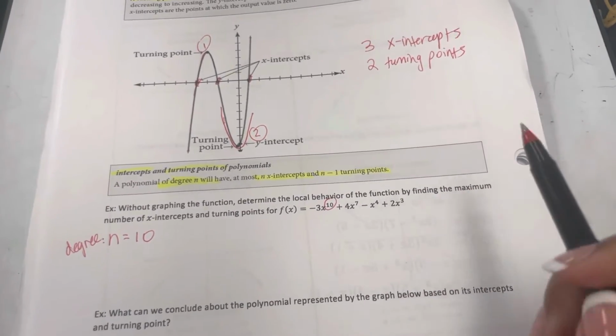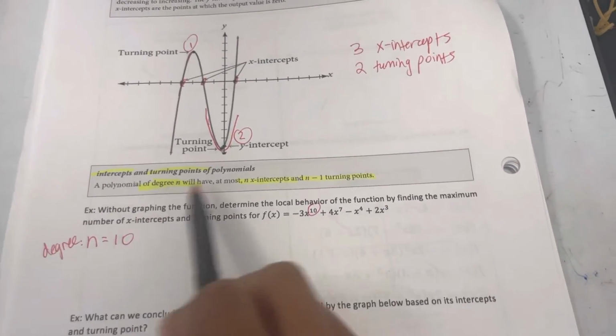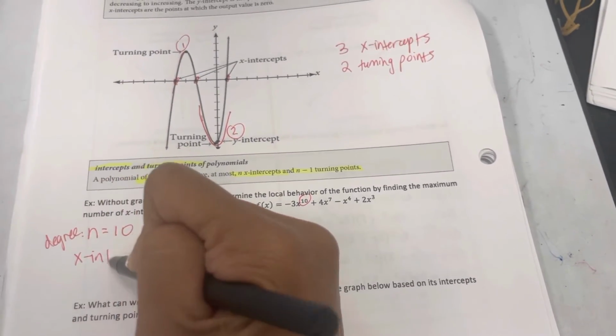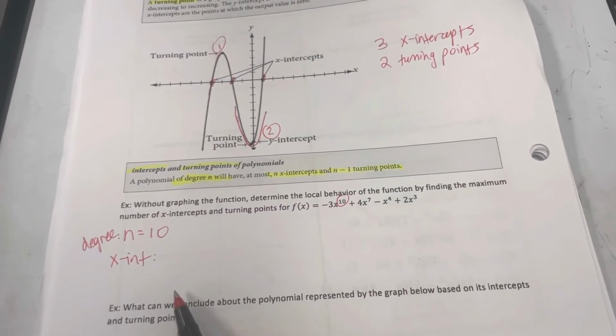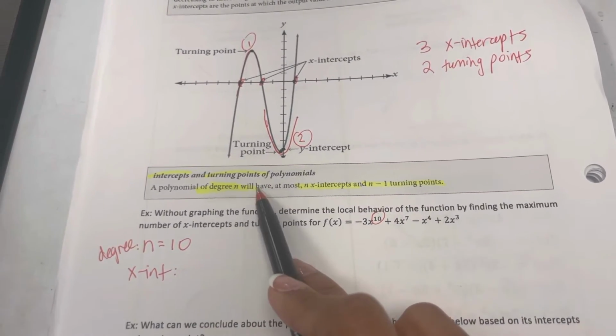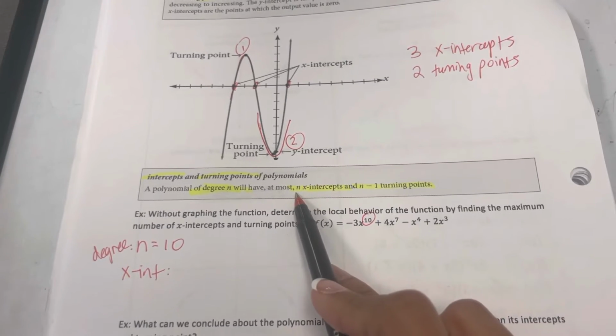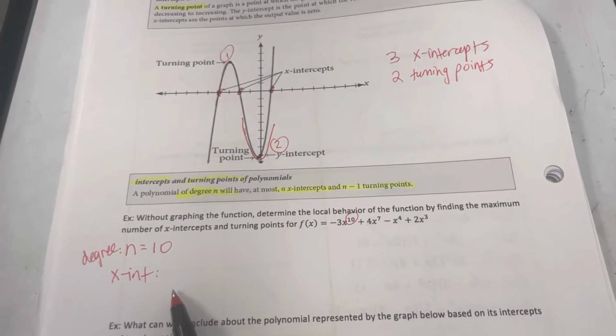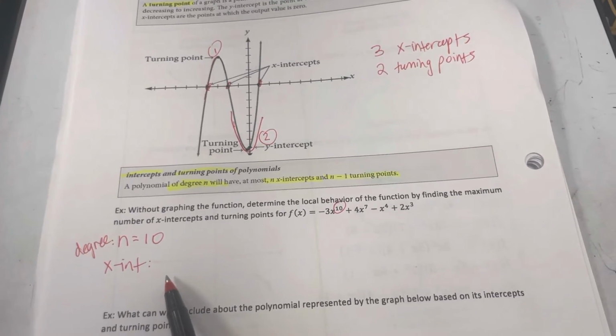And then we ask ourselves, based on this information, how many x-intercepts will I have? It says that a polynomial of degree n will have at most n x-intercepts. So if there's 10 degrees, what's the most x-intercepts that it'll have? 10.